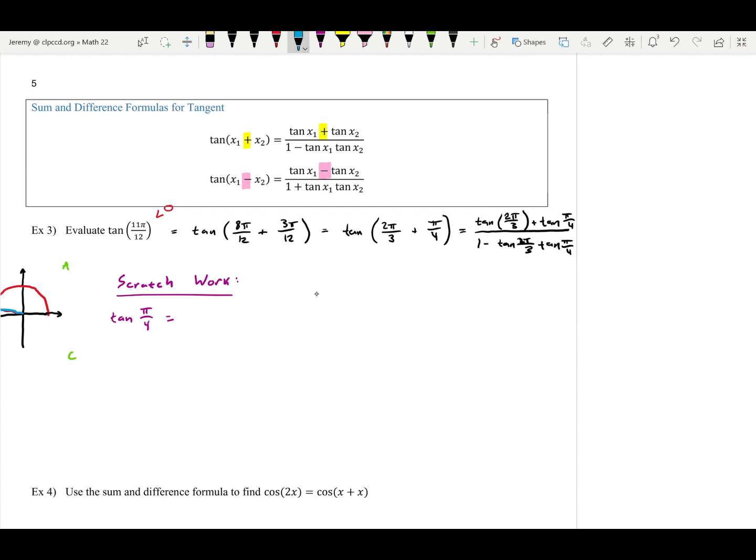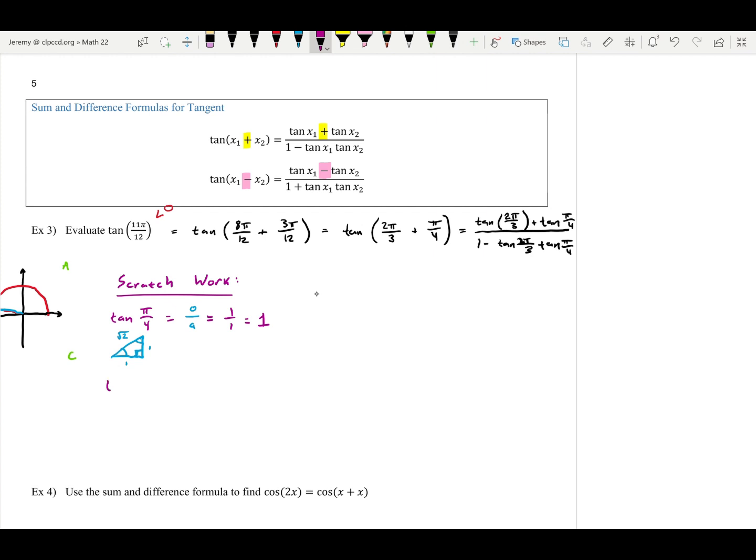So pi over 4: sides 1, 1, root 2. The angle here is pi over 4, a 45, 45, 90 triangle, and this is the right angle. Tangent is opposite over adjacent, which is just 1 over 1, so that equals 1. Good, we've got that one out of the way.